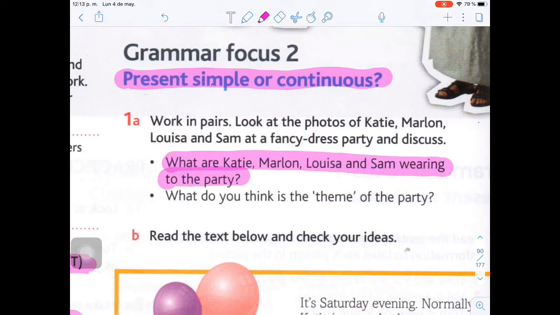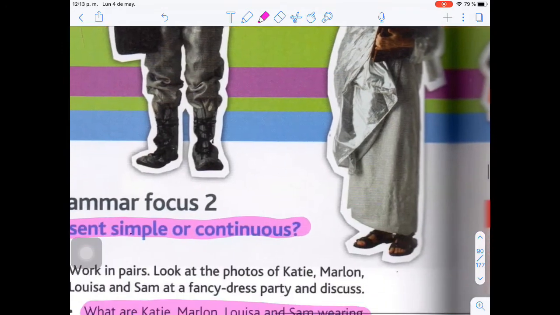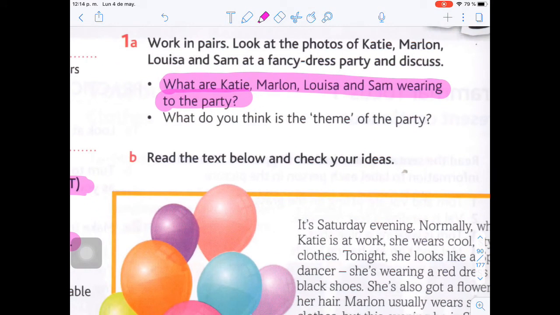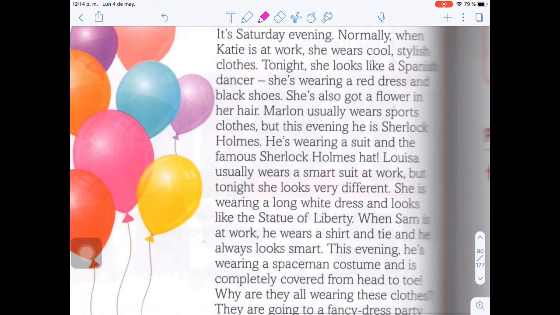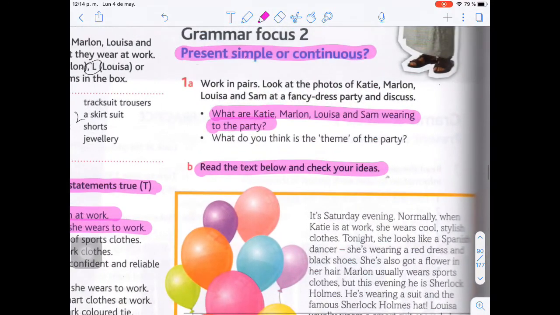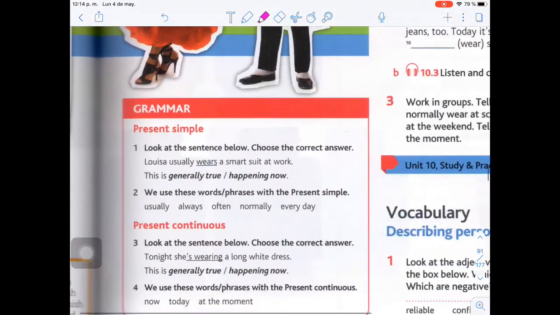To answer this question, you have to look at the images in the book, and then you have to do this reading. It says, read the text below to check your ideas. So do this reading, yeah. And after you do the reading and you answer these questions, you can pass to the grammar box.